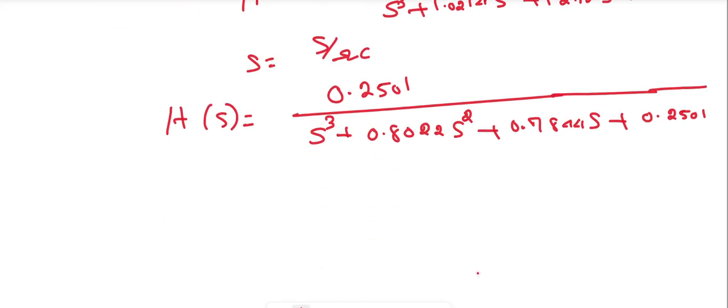So then you apply the partial fraction and find the coefficients. Then convert this H of S into H of Z by using either bilinear transformation or impulse invariant method.